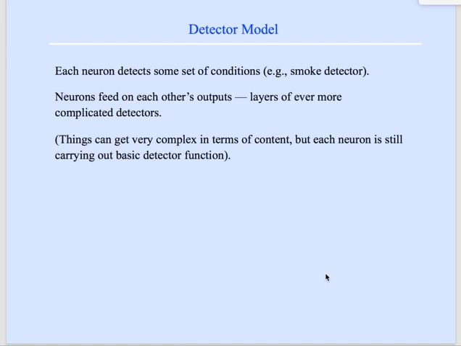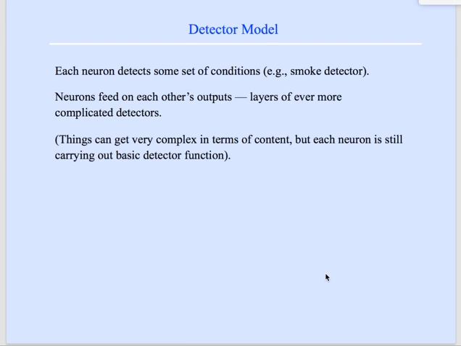So in this detector model, each neuron detects some set of conditions. And what makes this interesting and powerful in terms of a neural network and in terms of the brain is that neurons feed on each other's outputs. So you end up with these layers of ever more complicated detectors.